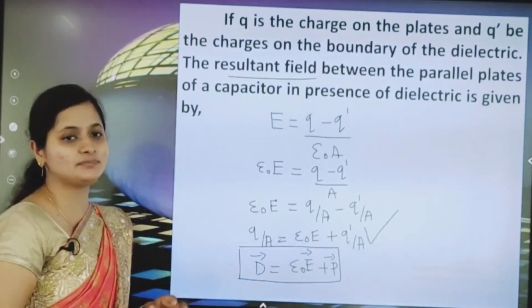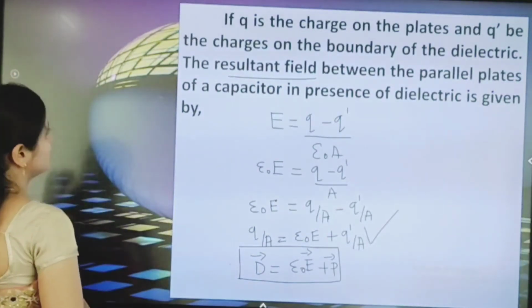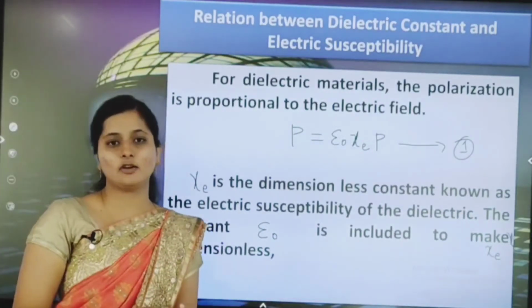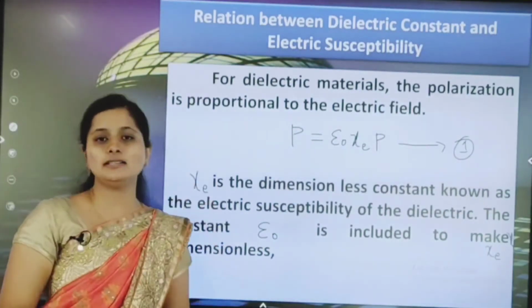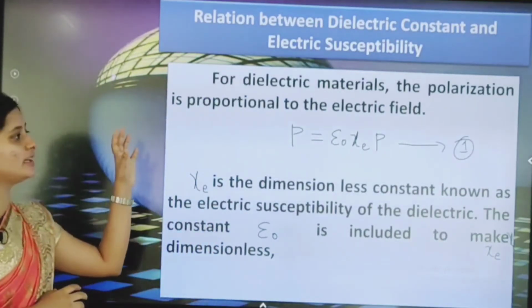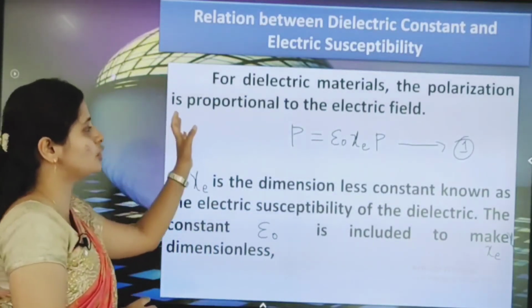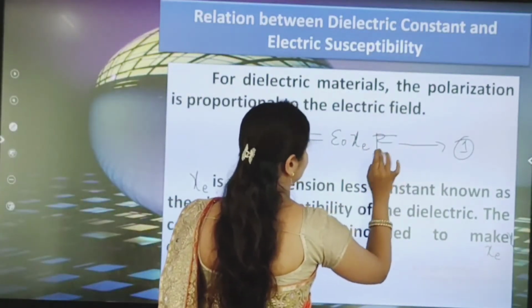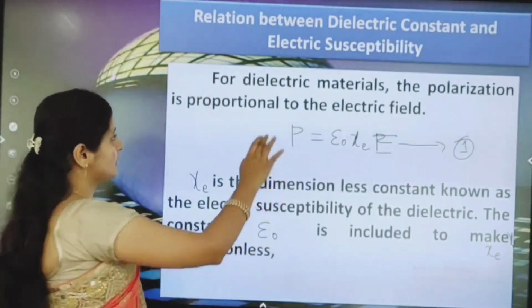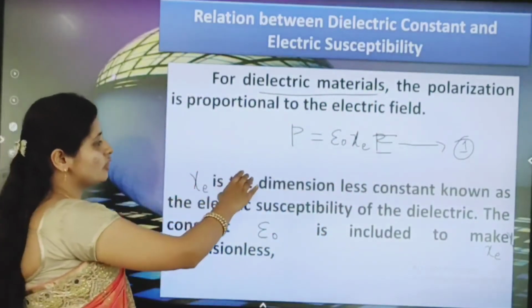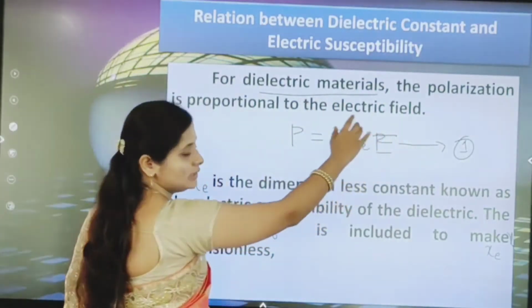Next we'll see the last relation or the last concept, that is the relation between dielectric constant and the electric susceptibility. So see, for a dielectric material the polarization is proportional to the electric field. So for dielectric material, our polarization is directly proportional to the electric field.